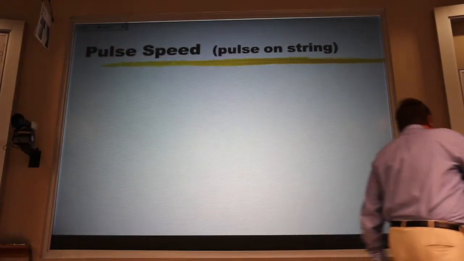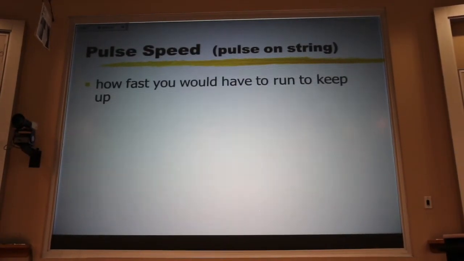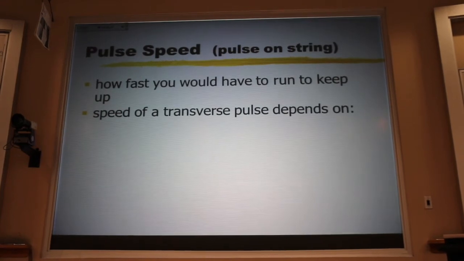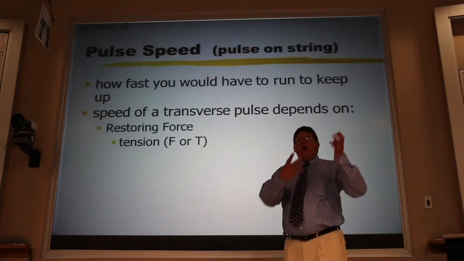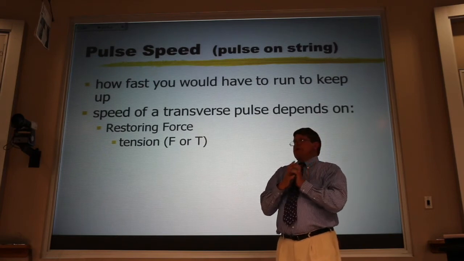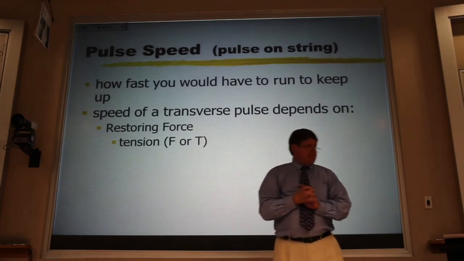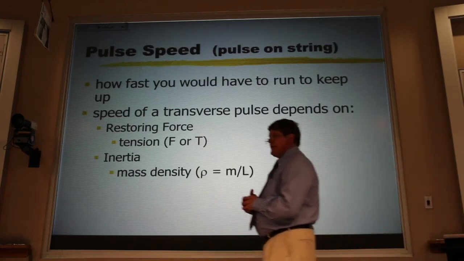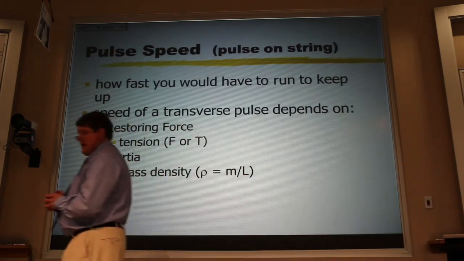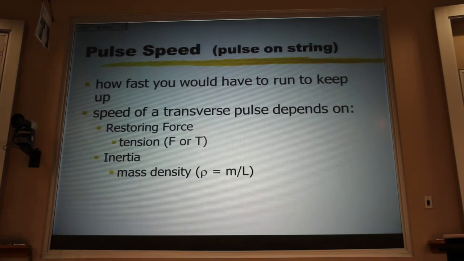Now, it turns out that the pulse speed depends on only two things when you're dealing with a transverse pulse. It depends on the restoring force, how hard we're pulling things back towards equilibrium. And the second thing is how hard it is to get them back to equilibrium, how massive they are.